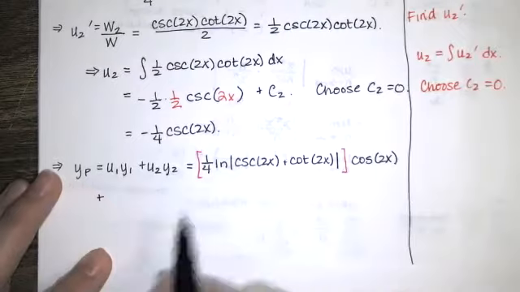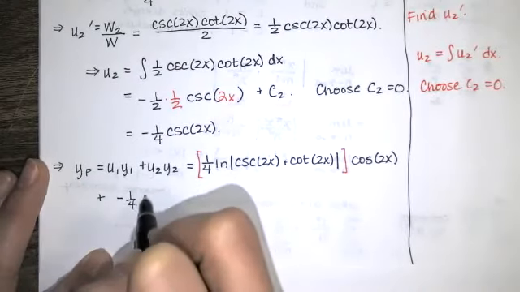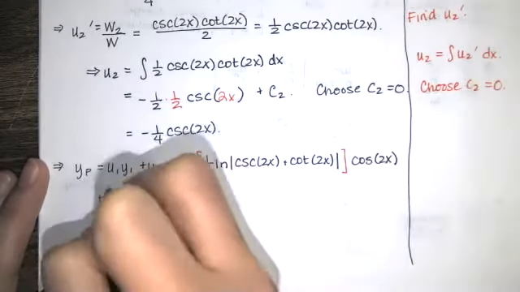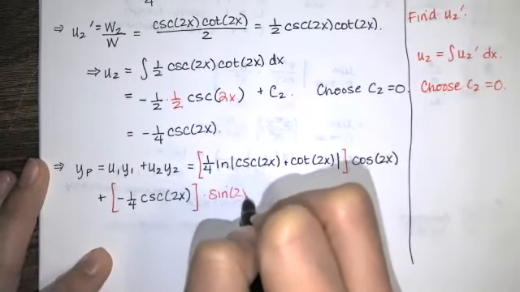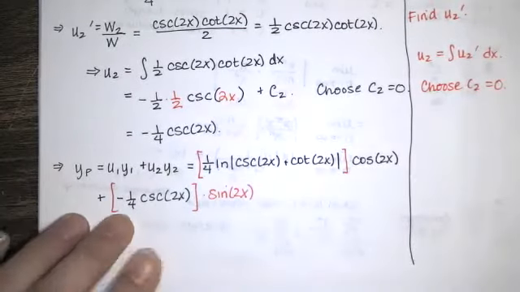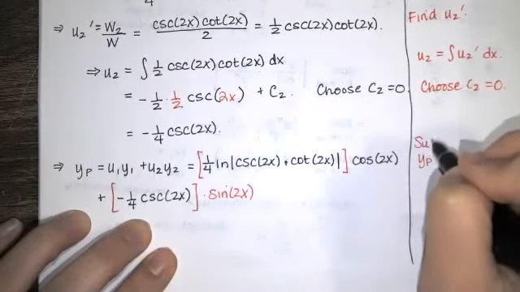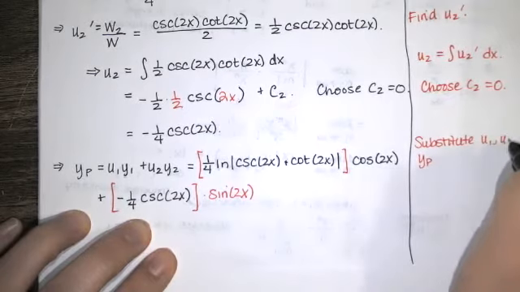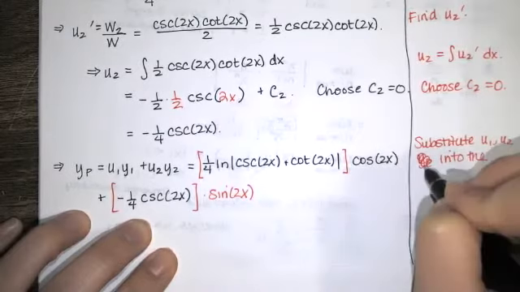And then we're taking u sub 2, which is this, -1/4 cosecant of 2x, and we're multiplying that by sine of 2x. So we're substituting u1, u2, say into the form of y sub p.